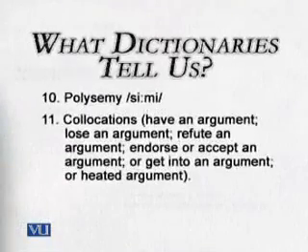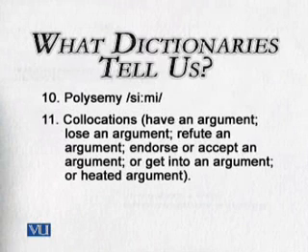The novel you're reading, the newspaper you're reading, ask yourself, is the primary meaning my desired meaning, or the secondary or the tertiary meaning is my desired meaning? Accordingly, get to know.